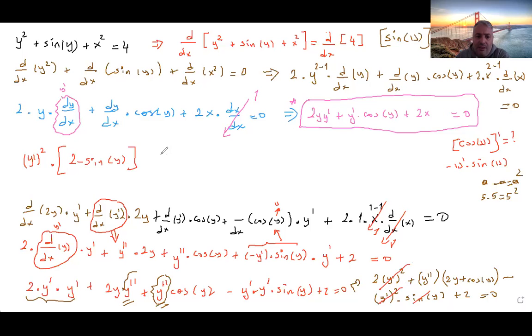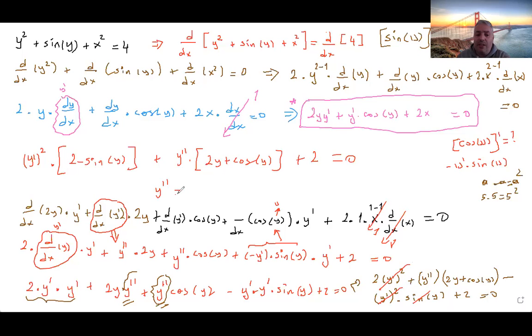What is left? Plus y double prime common parenthesis 2y plus cosine of y and minus, but minus was for this, so I have used plus 2. That's it. This is now the second derivative. And if you wish, you can express y double prime like this.